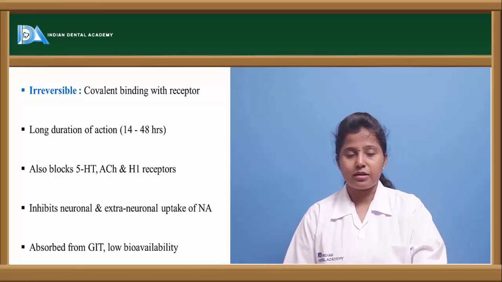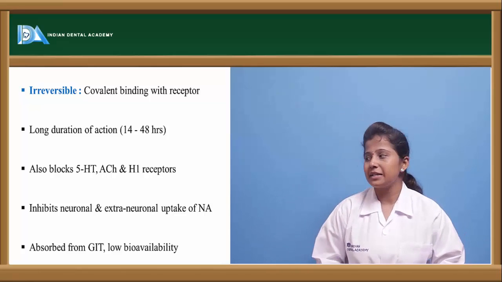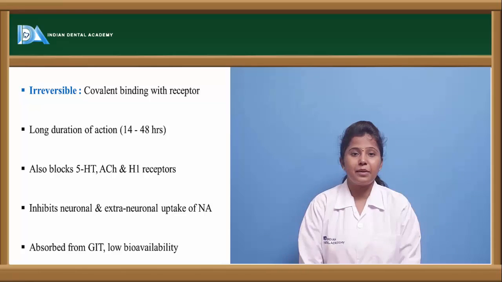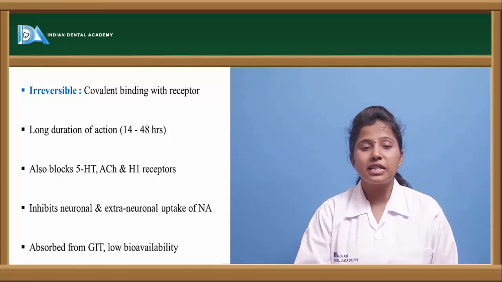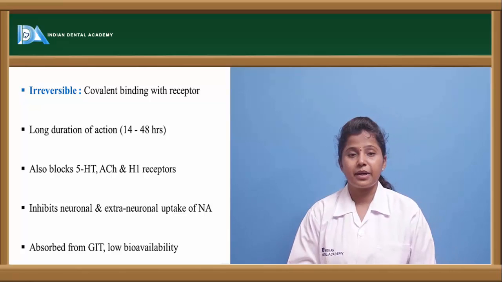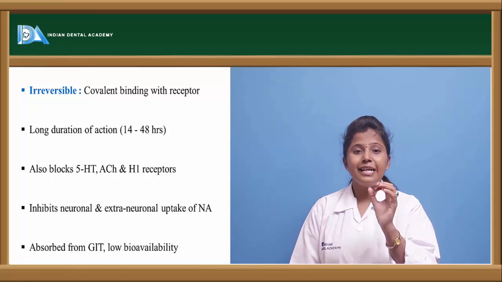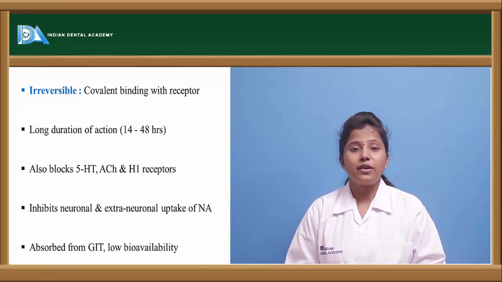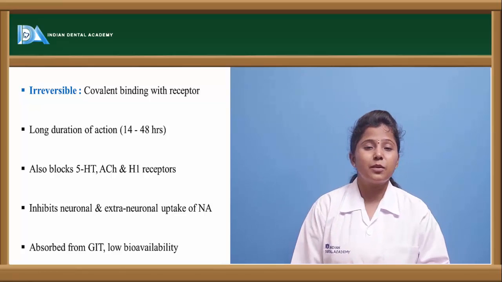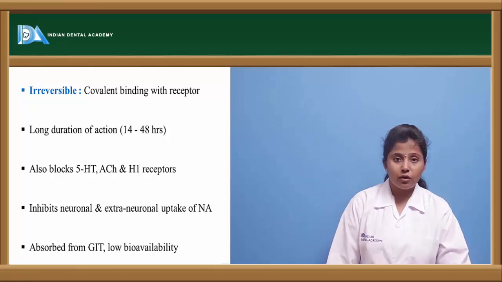What are the effects? Phenoxybenzamine is an irreversible drug, as we have discussed in the categories: an irreversible non-selective drug. Once it blocks the alpha receptors, the action cannot be reversed.